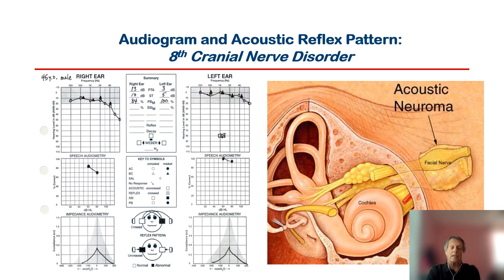Now, we would expect that person, if they have a normal middle ear, which they do, look down below, the tympanogram's normal, we would expect that person to have perfectly normal reflexes, but there's no reflexes at all with the sound in the right ear. None at all. The first thing I think about is a retrocochlear problem. This was a young adult college student who had an acoustic tumor, a vestibular schwannoma on the right side.